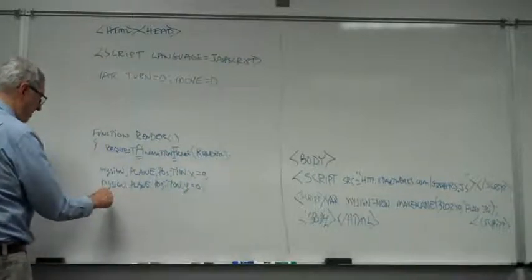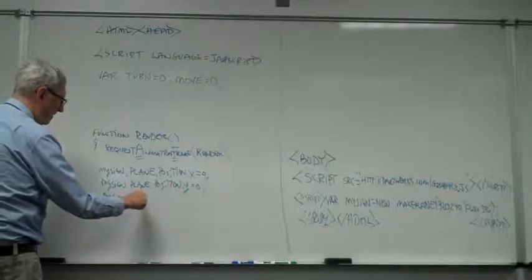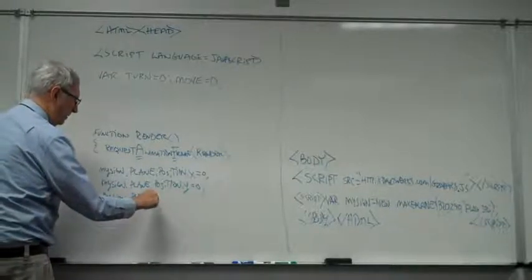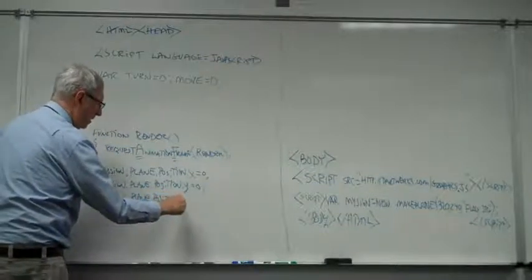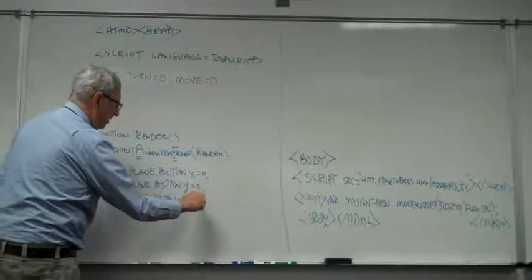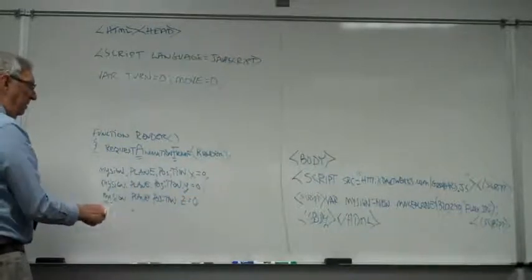And then you have my sign dot plane dot position dot z equals 0. Okay, and then you have the 3 rotations.